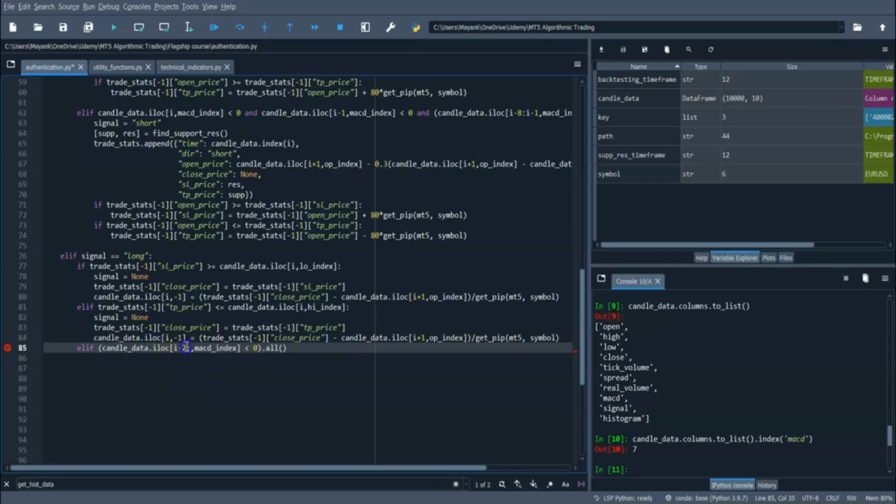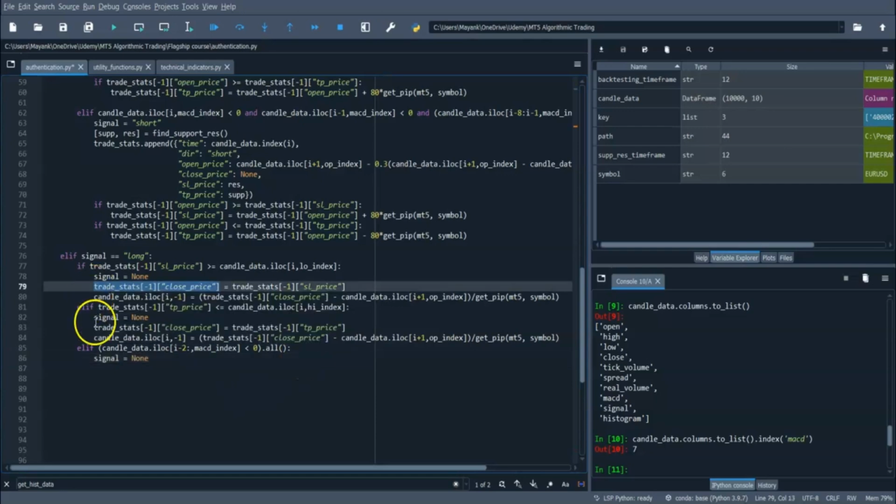So check from row i-2 till the current row. It's actually three MACD values that we are checking here: i-2, i-1, and i. If you want to check just two, you can make it i-1. Let's go with i-2 and check three MACD values. If any of the past three MACD values is negative, once again, close out the position. So signal would be none.